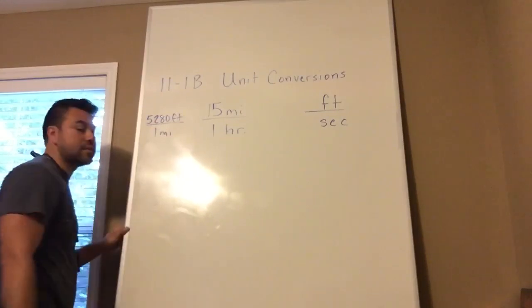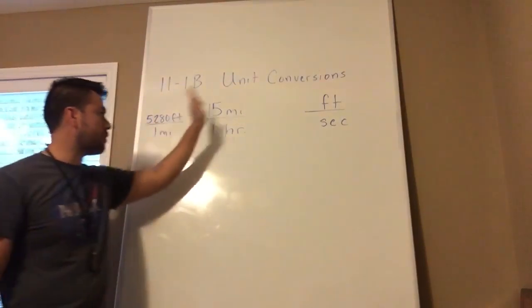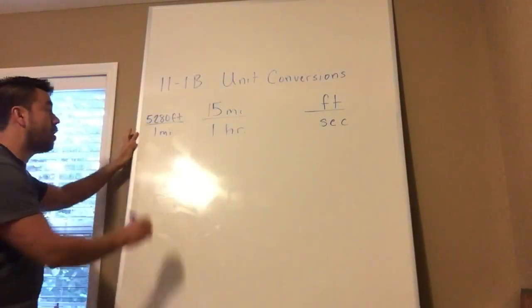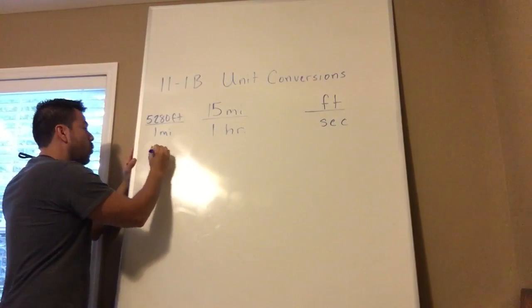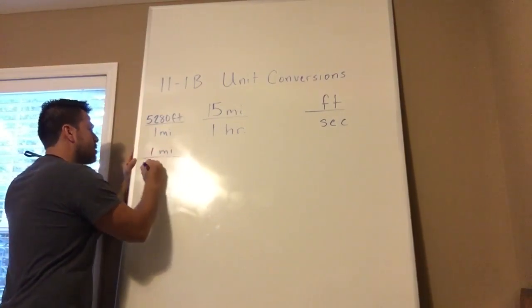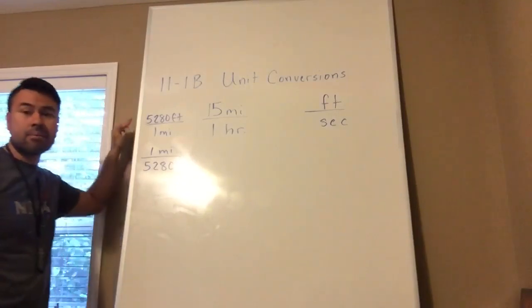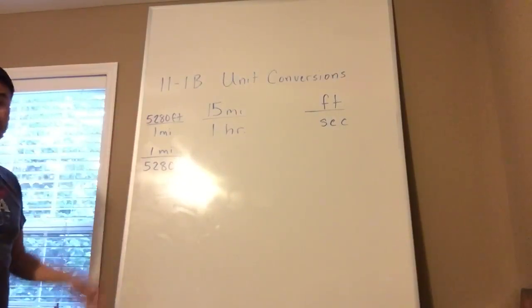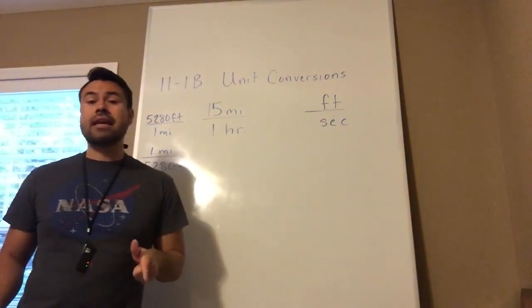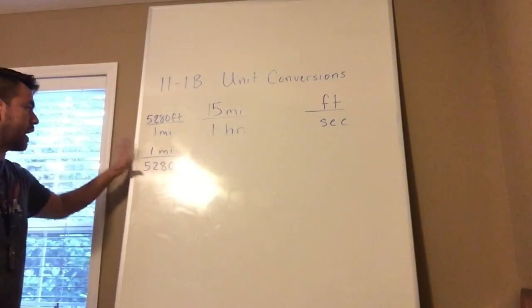I got to know that because I got to be able to convert from there to there. But I can also say 1 mile is equal to 5,280 feet. You notice it's the same fraction, but it's a reciprocal of each other. The reason I write that down is because sometimes I use the top one, sometimes I use the bottom one. So here I have both.